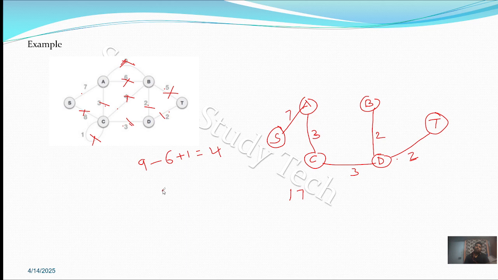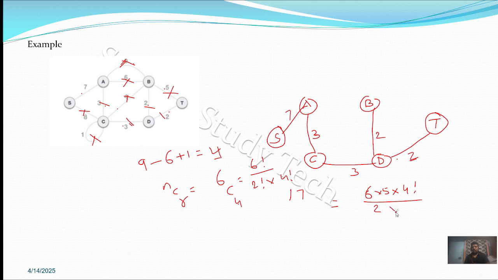So the number of spanning trees possible for this graph is nCr, where n is the number of edges, 9, and r is 4. Wait, as explained, 6C4 equals 6 factorial by (6 minus 4) factorial, that is 2 factorial, into 4 factorial. 6 factorial is 6 into 5 into 4 factorial, and 2 factorial is 2 into 1.